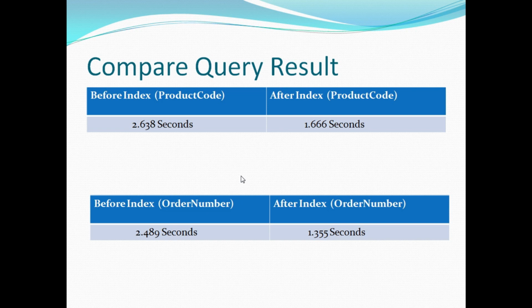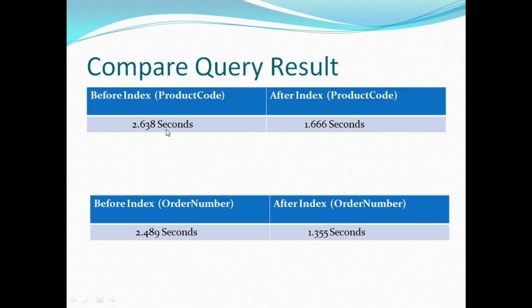If we compare both query results, before the index on the product code and after the index on the product code: before the index, when we select the product code from the orders table, which contains 5 lakh rows, the query takes 2.638 seconds.